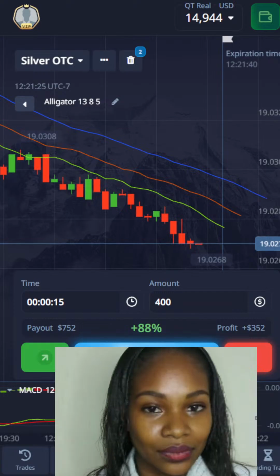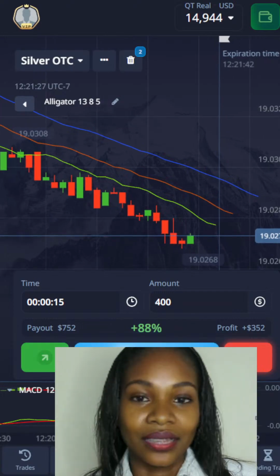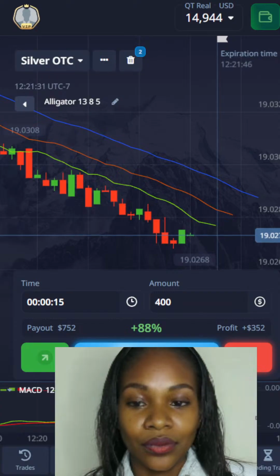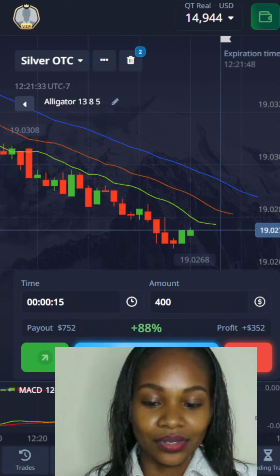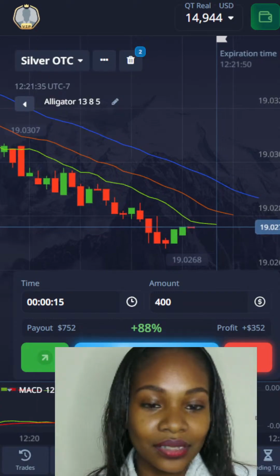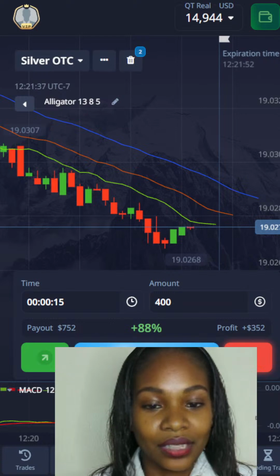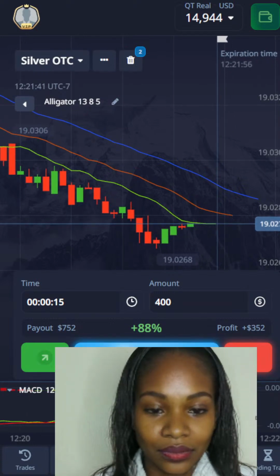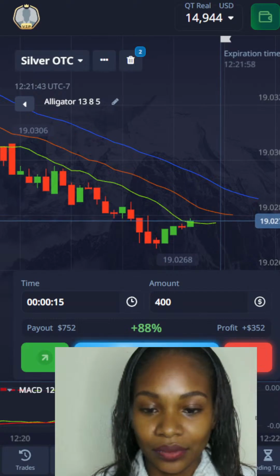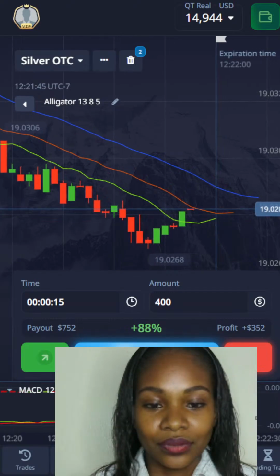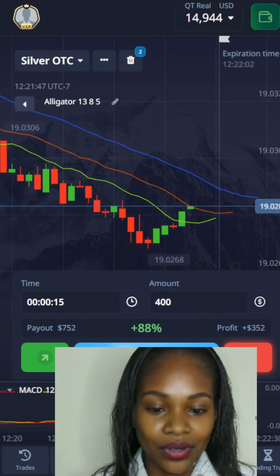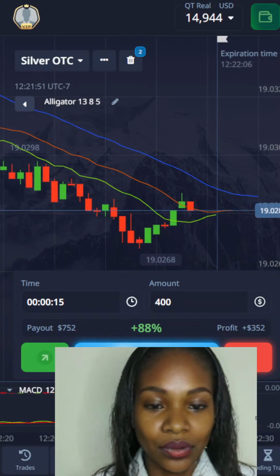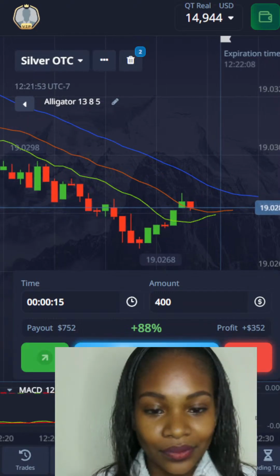So whenever we talk about market structure, one thing you should know is that we are looking at the market moving in a series of higher highs and higher lows. Okay, so that is our uptrend. To get a strong point, you need to understand that strong low that pushed the market to break the previous high.